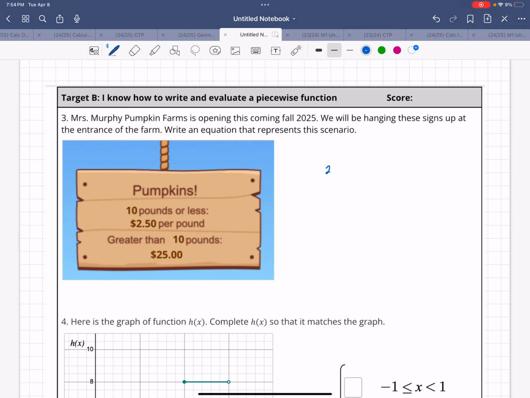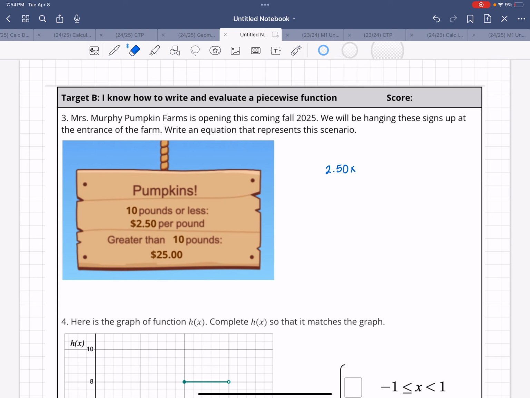As an equation, that's $2.50 per pound. I have to write a variable that represents pounds. If your pumpkin is 2 pounds, then you'd pay $5. If your pumpkin was 4 pounds, then you'd pay $10. So you would use x to represent the pounds of your pumpkin.